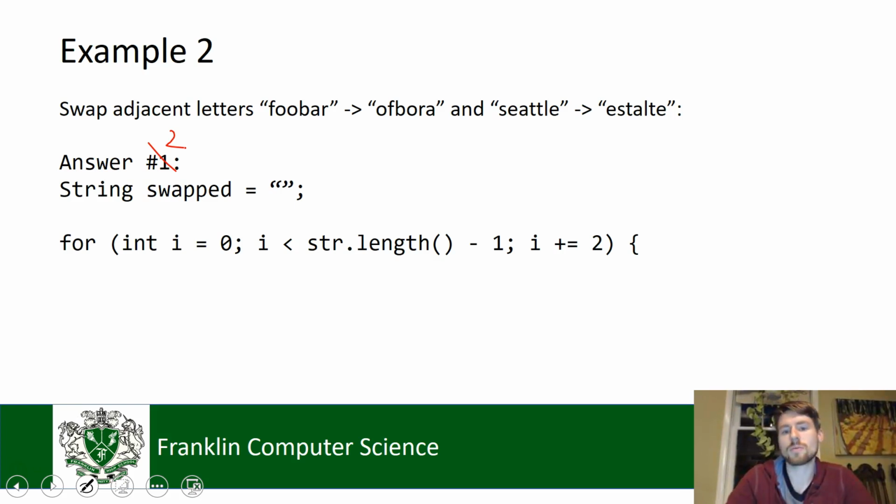This approach is going to have the loop counter be the index we want. So rather than the loop counter chugging along 1 at a time, we know that we're jumping every 2 letters. We start at index 0, then skip index 1 and go to index 2, then skip index 3 and go to index 4.